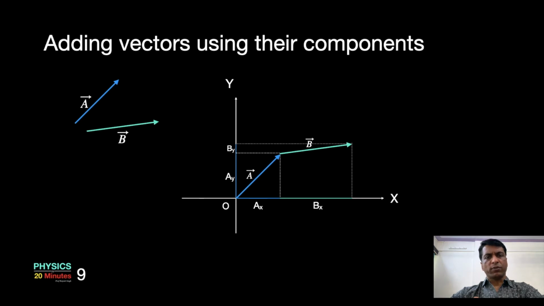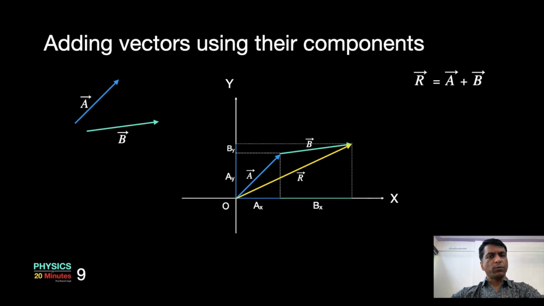So from triangle law we know that the third side drawn from the tail of vector A to the head of vector B will give me the resultant vector. So my R vector is drawn in yellow in this way. Therefore, vector R can be written as vector A plus vector B.